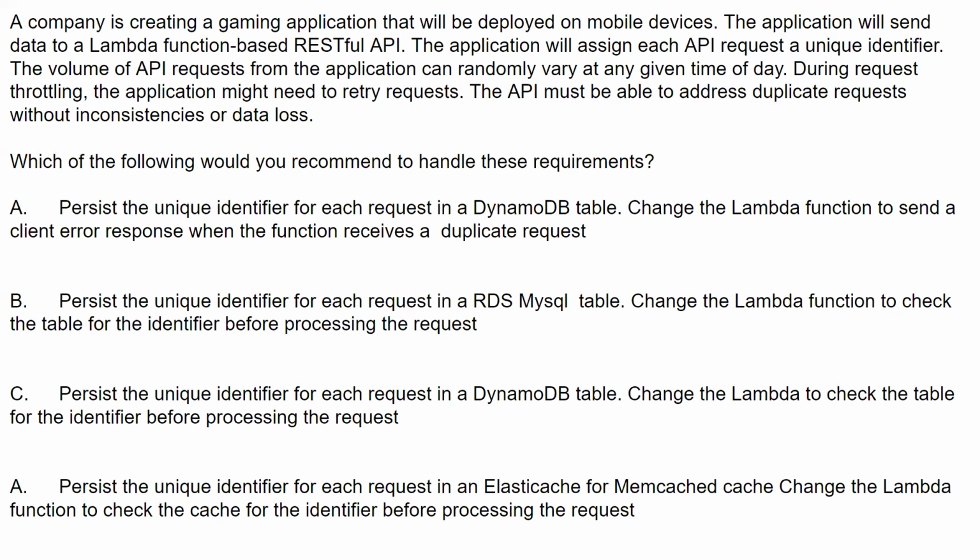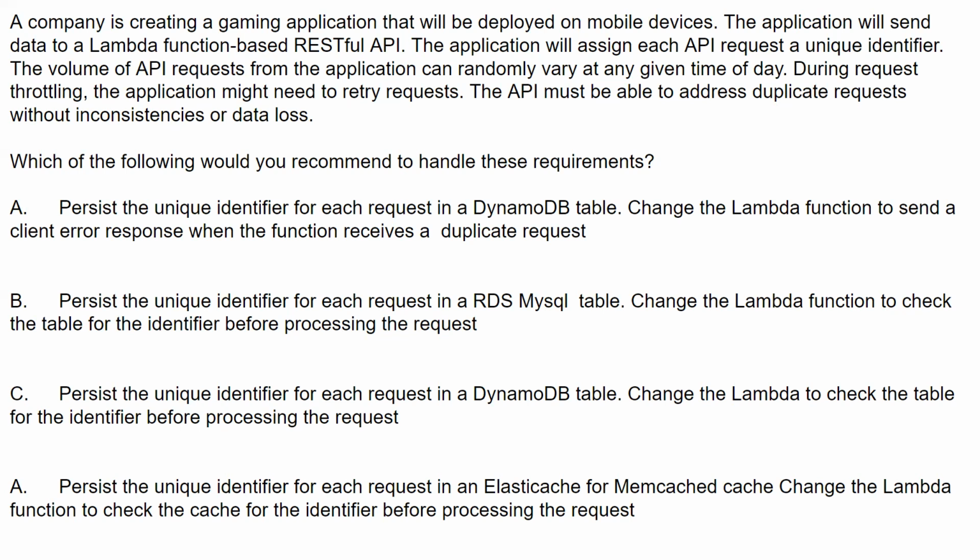A company is creating a gaming application that will be deployed on mobile devices. The application will send data to a Lambda function-based RESTful API. The application will assign each API request a unique identifier. The volume of API requests from the application can randomly vary at any given time of day.